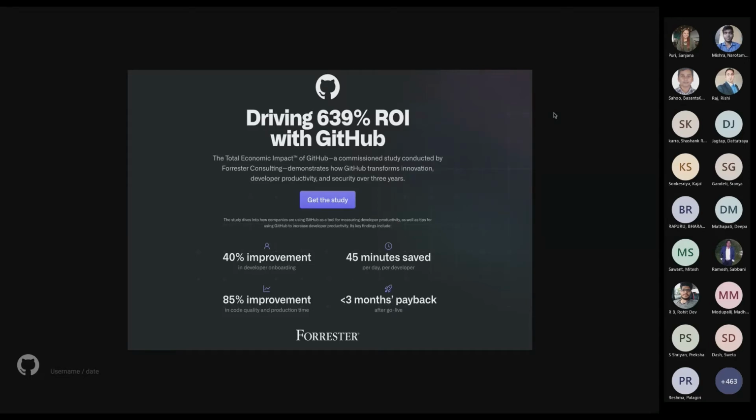For organizations like Sogeti, with such a massive developer base, saving 45 minutes per day per developer means a lot of cost savings and improves the profit margin. This Forrester report is unbiased and independently audited, and it shows companies start getting back their GitHub investment in less than 3 months. So I urge you all to search for the Forrester report of GitHub. It's all available publicly, so you can see the study for yourself.